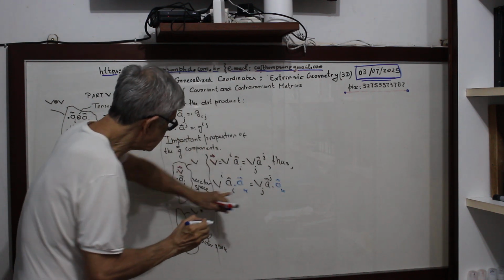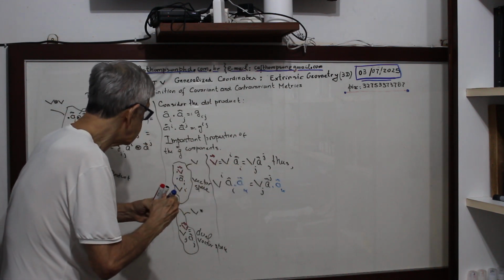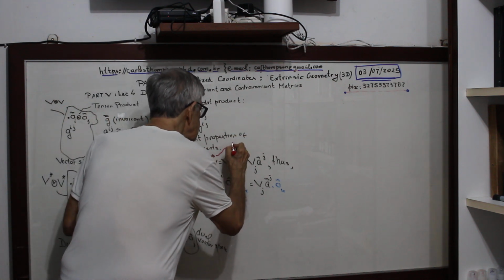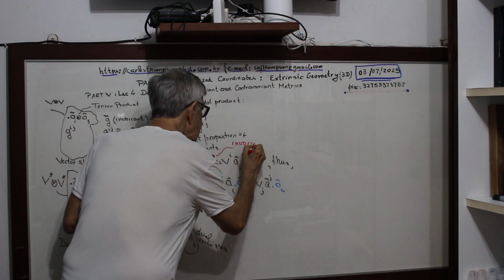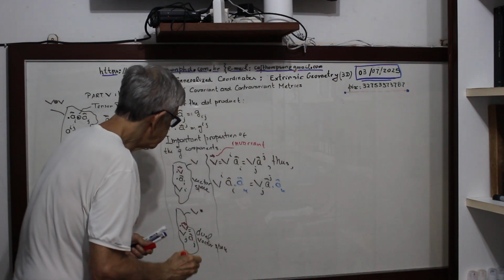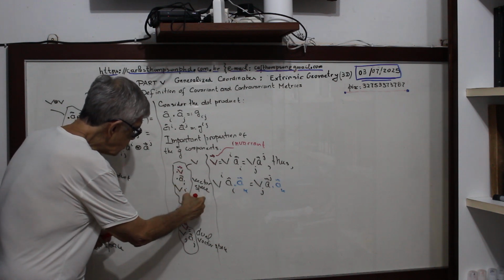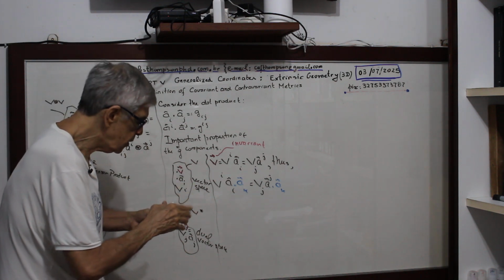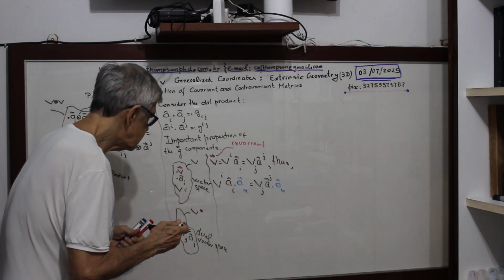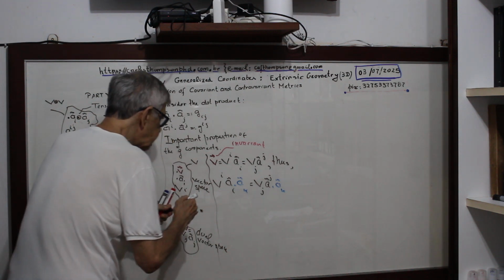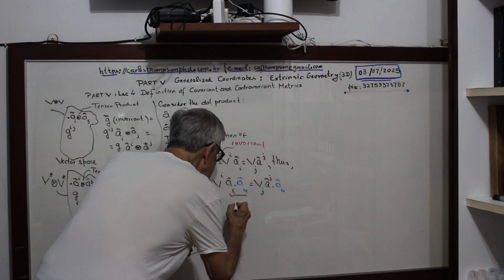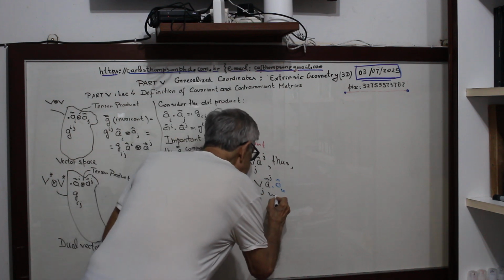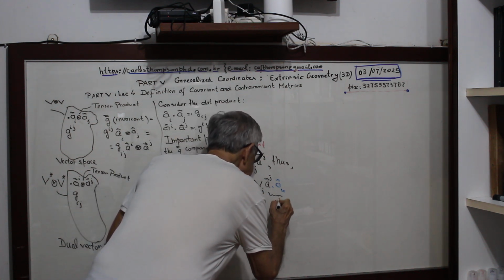It's quite simple. See, just look at here. This is invariant. Don't forget that. I'll emphasize this: invariant. See, the same v on the vector space, the same v on the dual vector space. The components are different, but the vector is equal. Now, what is this? This is G_ik. What is this? This is delta^k_j.